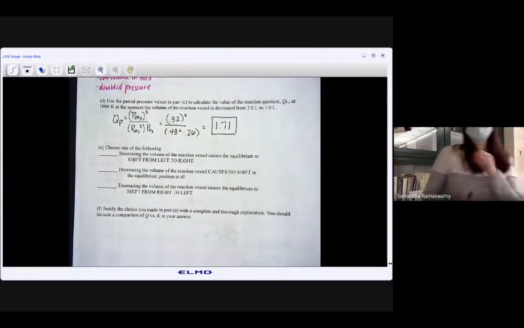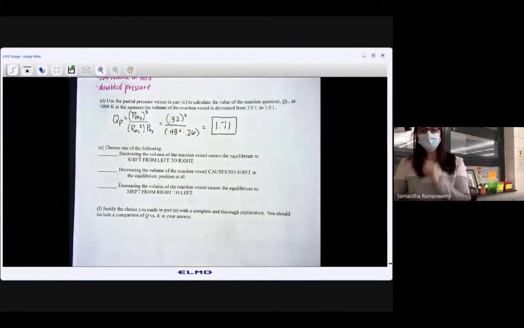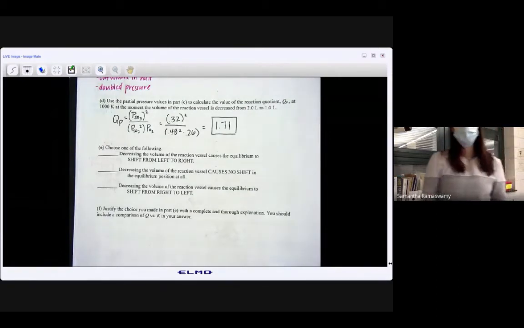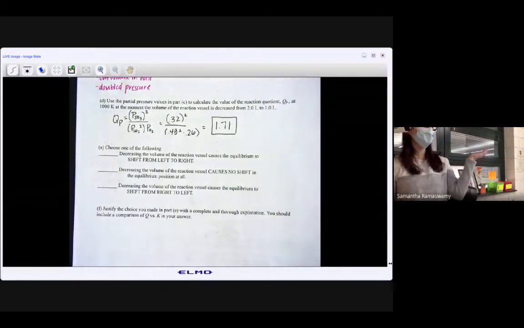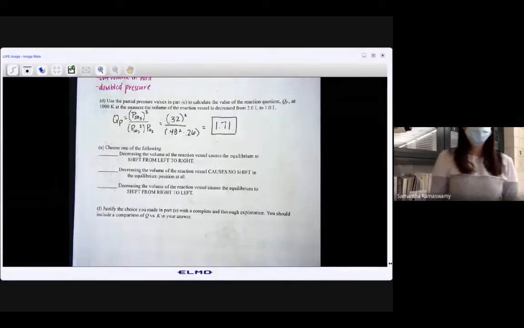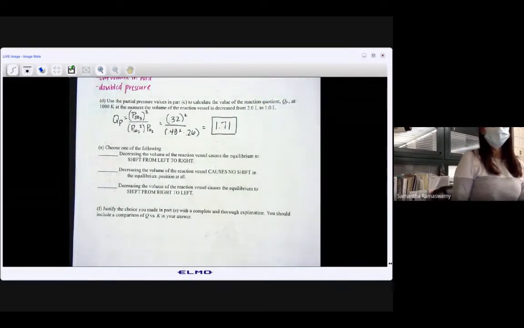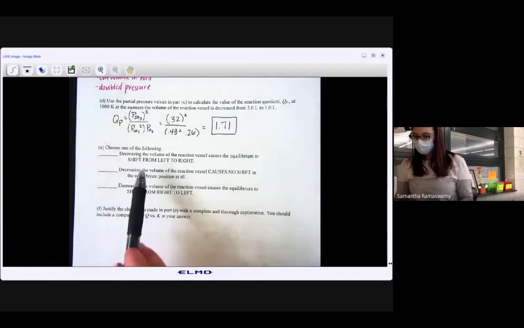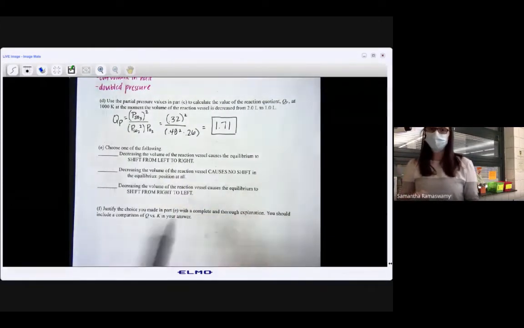So I got 1.71. Now part E. So we calculated Q. We know K. Part E, choose one of the following. So it's talking about which way it's going to shift. It's going to shift from left to right, no shift, or right to left.